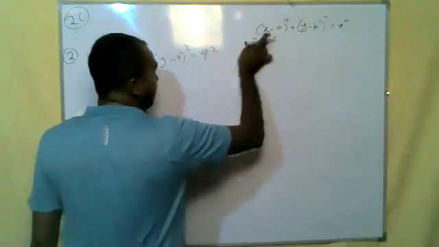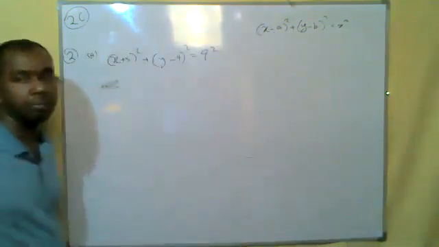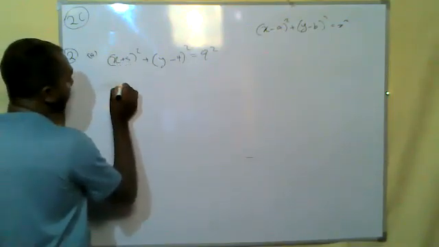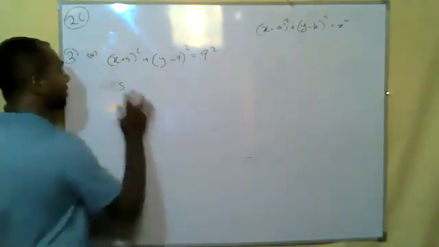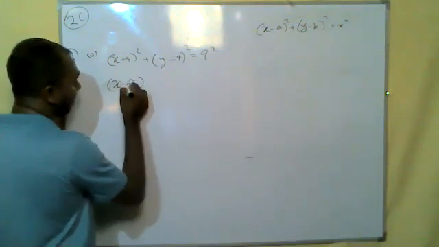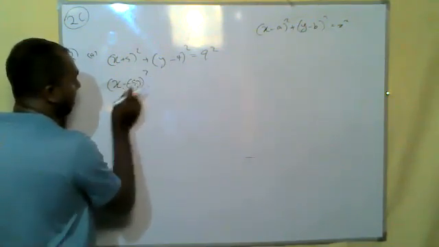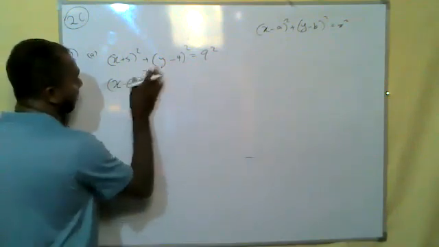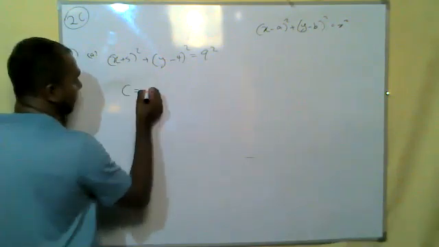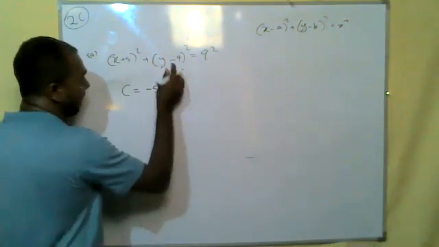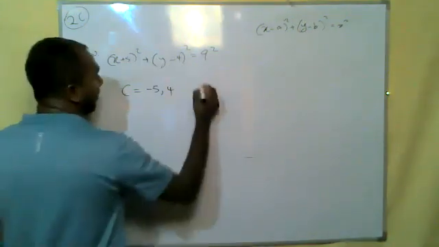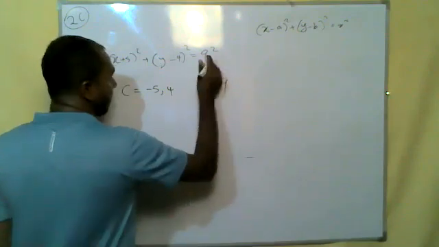In our standard format, it is minus in between. Here we have plus. We can't say we take the center as 5, not the 5. How do we have to think? It should be x minus minus 5, then only it can be a minus sign here. So the center is going to be (minus 5, 4). Here it's in the standard situation. And the radius equals how much? 9, r to the power 2.